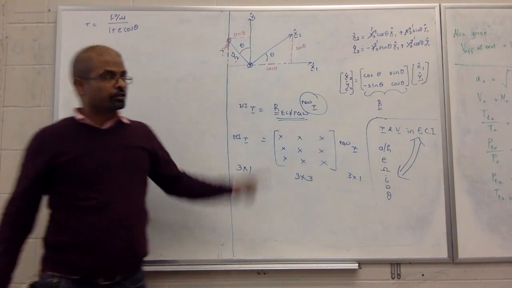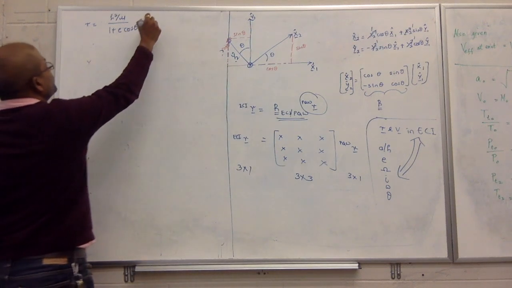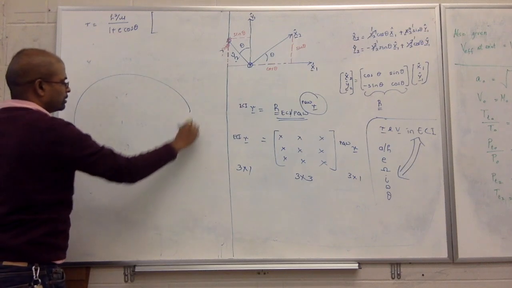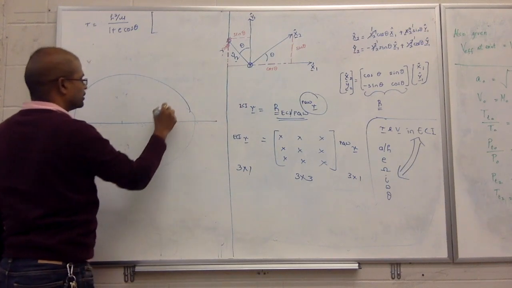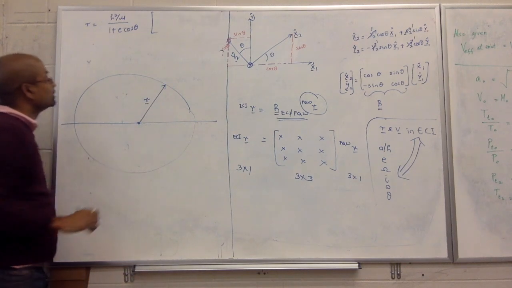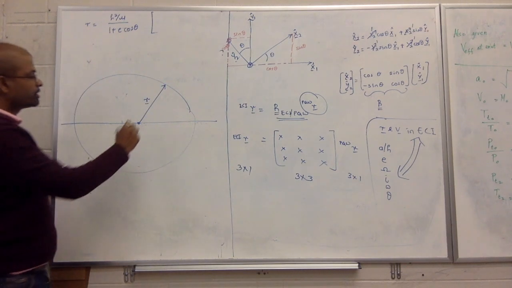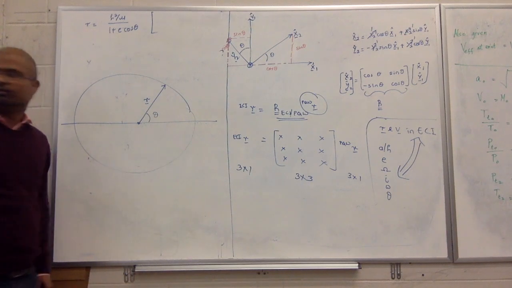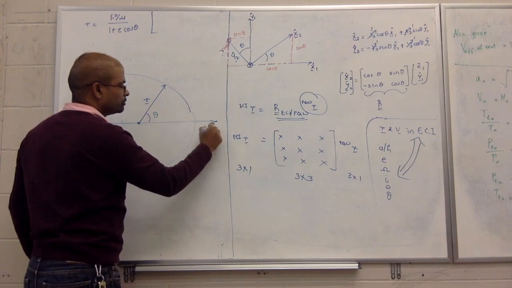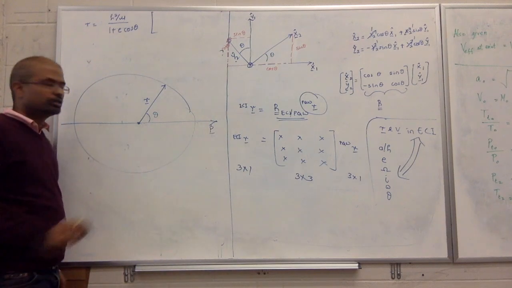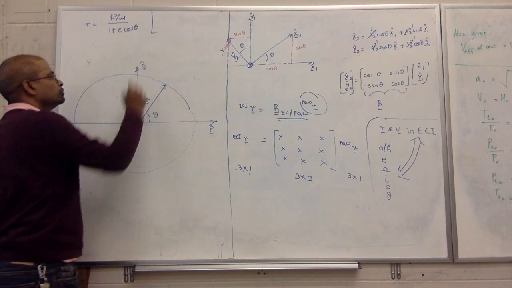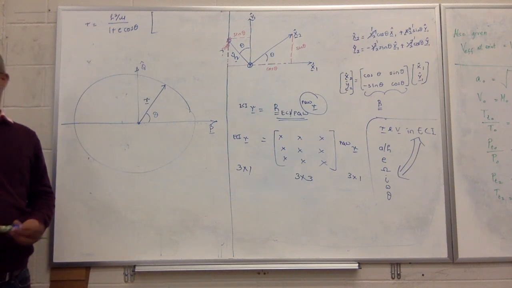Yeah. So this R, think about this. You have this R, right? Okay? And this is your theta. Alright? This is what direction? P. You with me? This is Q. Where is W?